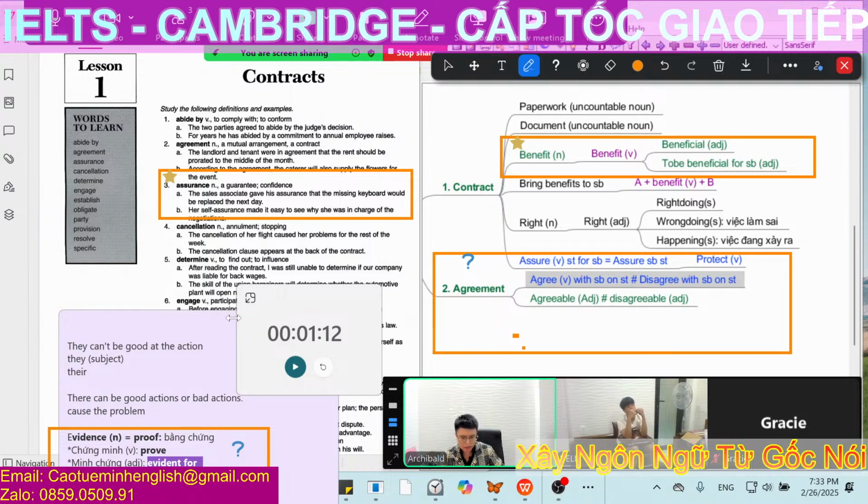All right. So here I'm gonna go first, guys. Agreeable, disagreeable, assurance, we have the action verb assure. I have to assure the right benefits for myself because I am a person who only works when I can please myself. For example, I sit here for many hours, and if I want myself to continue working till midnight, I have to buy myself a cup of coffee.